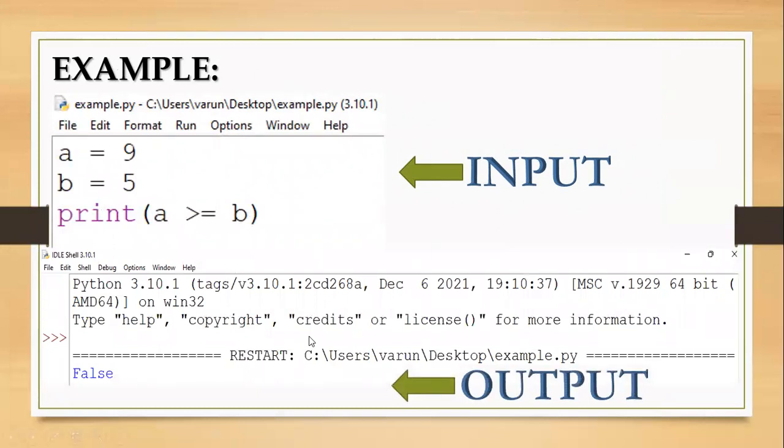This is the example of less than or equal to operator. This is the screenshot of the input we give, and this is the screenshot of the output we get. In input, we give a equals 9, b equals 5, print a less than symbol equal to symbol b.